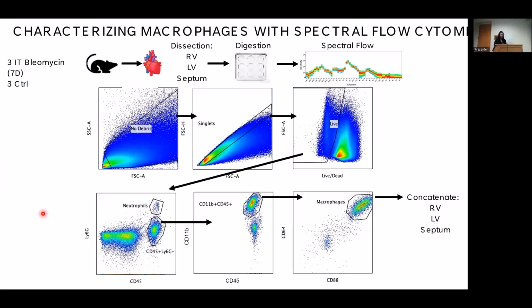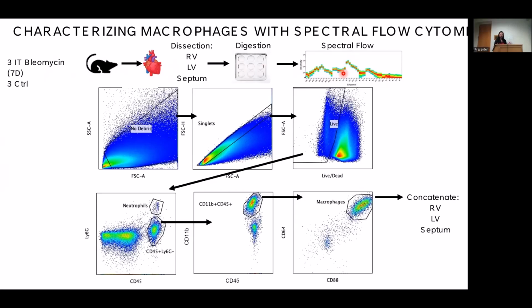In these studies with the bleomycin model, I've used another technique to characterize macrophages: spectral flow cytometry. The benefit is that you can take samples from these mice, dissect out the RV, LV, and septum, and do a digestion like I did with traditional flow cytometry, but you can use many more surface markers at the same time that all have a different spectral signature.